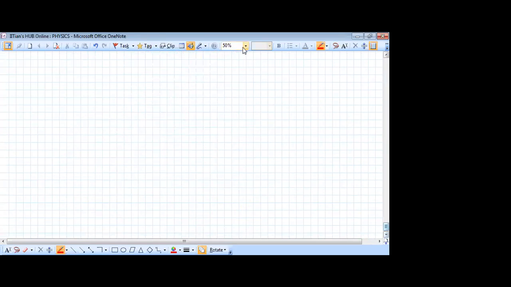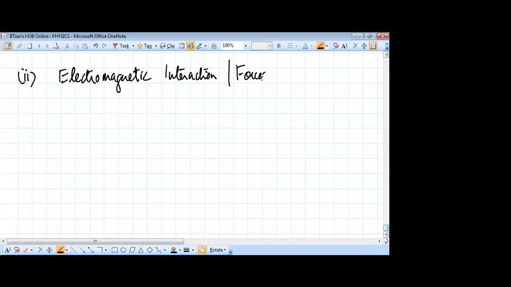All right, now the second type of fundamental interaction known in physics is electromagnetic interaction, or forces.